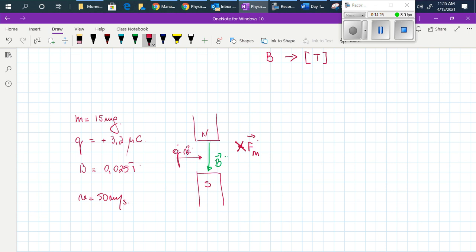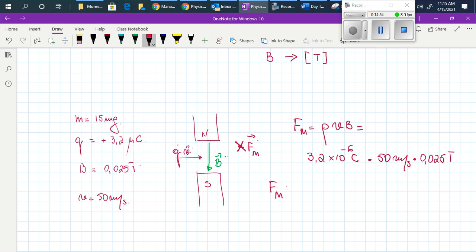Direction. Now let's figure out the magnitude. So the magnetic force will be QVB, and the charge is 3.2 times 10 to the power of -6 coulombs, times the speed is 50, I believe, meters per second, times 0.025 Tesla.